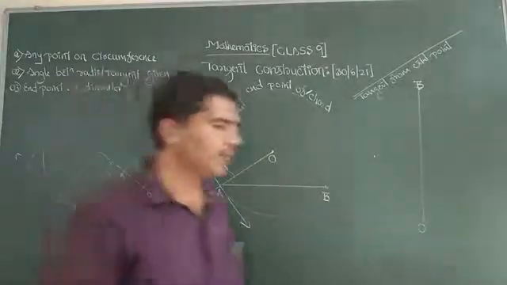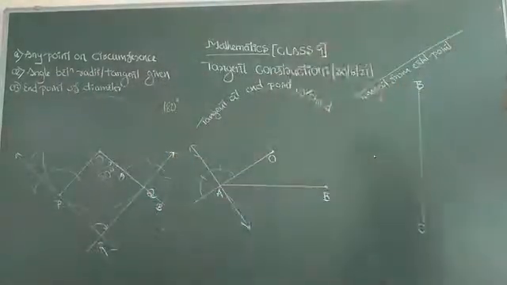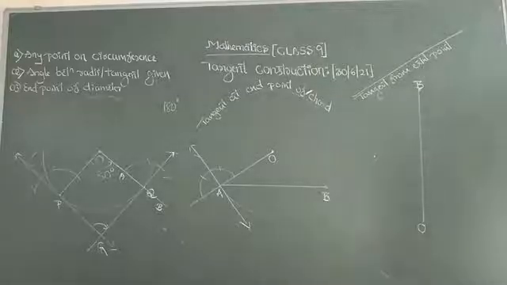Then construction of tangent to circle from an external point. So in the figure I have shown a circle with center O and an external point B. Now from B I should construct tangents to circles. How many tangents I can construct? That is, I can construct maximum 2 tangents.